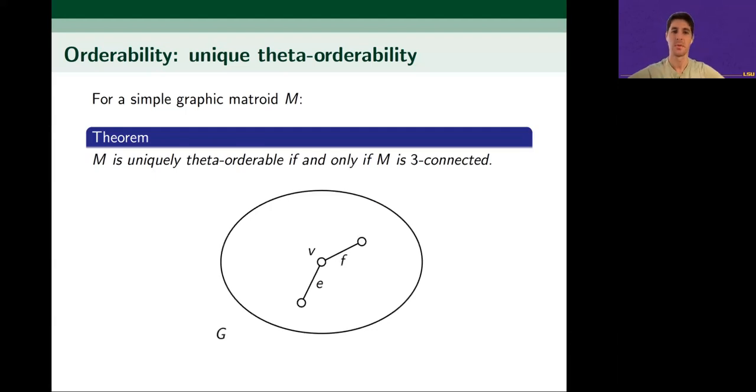So you've got a graphic matroid, you've got a pair of edges. What I want to show you is that the adjacency in the ordering has to be the adjacency given by the graph. So here I've got the graph that represents the matroid, and I've got some pair of edges that meet at a common vertex.